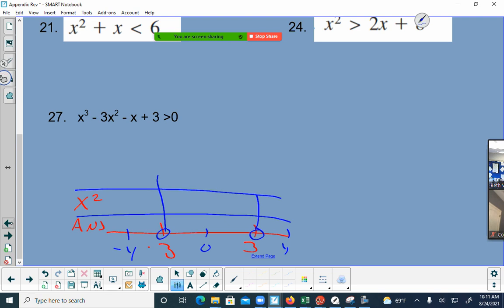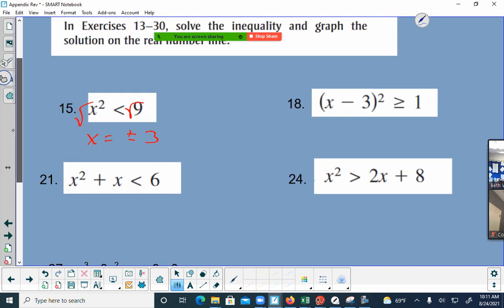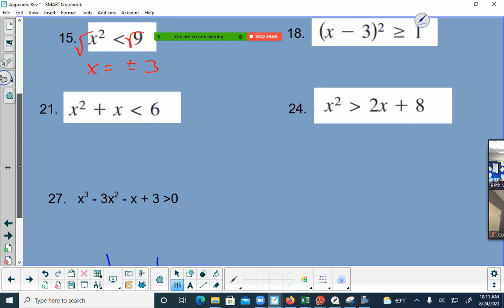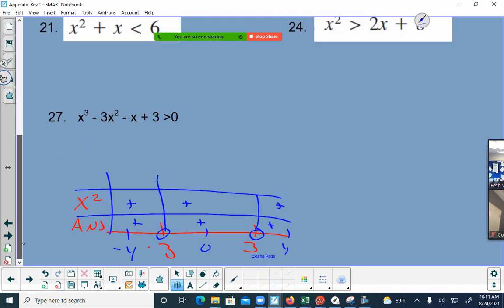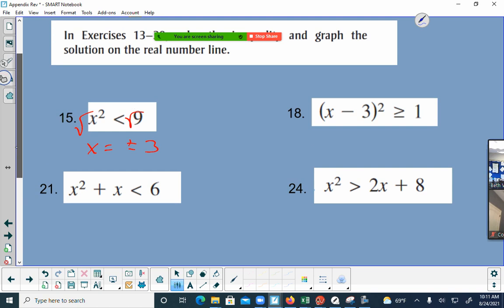Because this is a square, this is always going to be positive, right? So my answer is always going to be positive, right? So it's asking me, when is x squared less than 9? And what are you going to tell me? That doesn't make sense. Does that make sense?